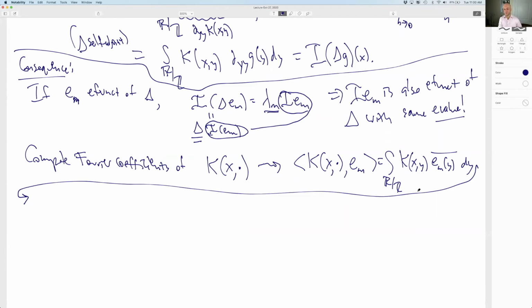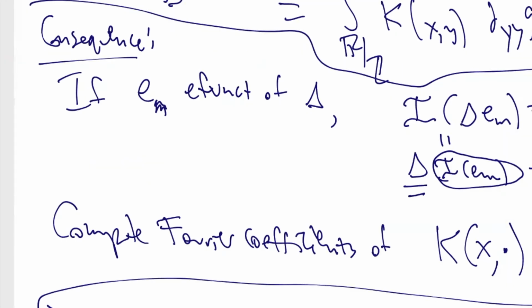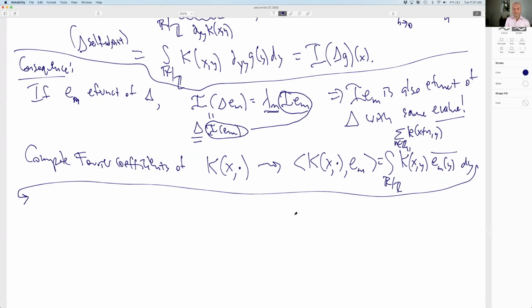What should we do? We have an integral over R mod Z, and we have an automorphic kernel. Remember, this kernel was the sum over the integers, over the group, of little k of x plus n, y. So what should we do when you see a sum? You have an integral over G mod Gamma and a sum over Gamma. Remember this unfolding idea? We have to fix a fundamental domain.